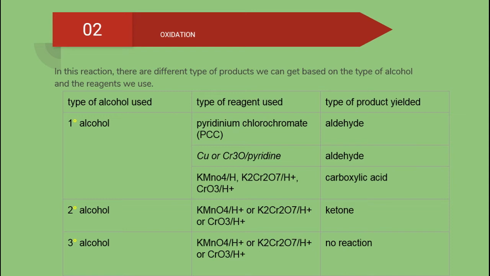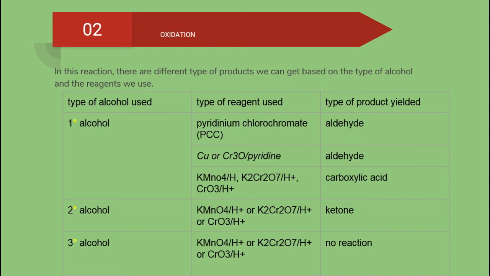But if we use first degree alcohol and change the reagent to acidified potassium permanganate, acidified potassium dichromate, or acidified chromium trioxide, we will get a carboxylic acid.